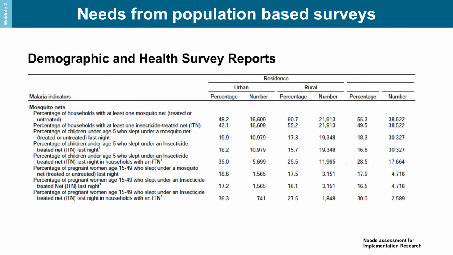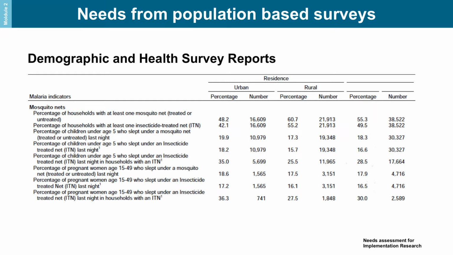Here is an extract from a malaria information or demographic and health survey report to let us know about the achievements. We know that targets have been set, for example, for malaria control. They were set back in the year 2000 at the Abuja Declaration for achieving by 2010 80% coverage of all these interventions.